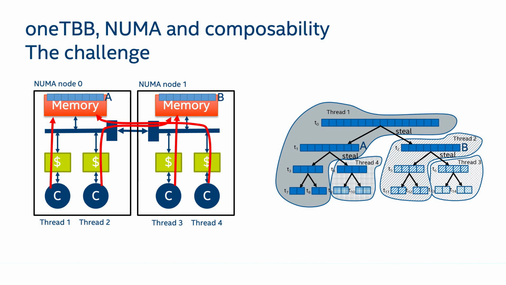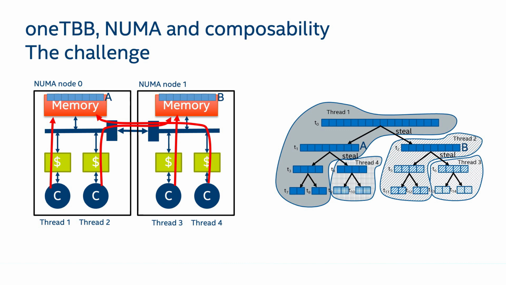We have 4 threads that participate in this loop that we looked at before, and let's assume that this iteration space is really large and it's accessing some array, where the left half has been allocated in NUMA node 0, the right half in NUMA node 1. And now TBB is doing its really smart composable thing where it's just stealing work to balance load.